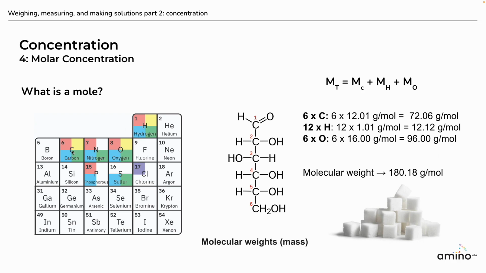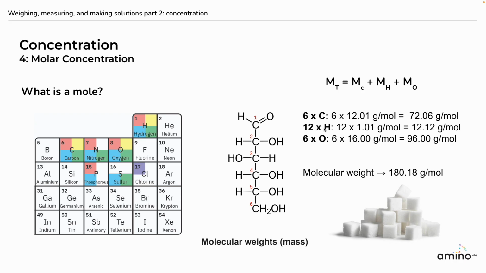Carbon has an atomic weight of 12.01 grams per mole. Oxygen has an atomic weight of 16.00 grams per mole, okay? And so what we do is we can count here. We've got 6 carbons, so we could go 6 times 12.01. Again, this is the molecular weight of carbon, equals 72.06 grams per mole.